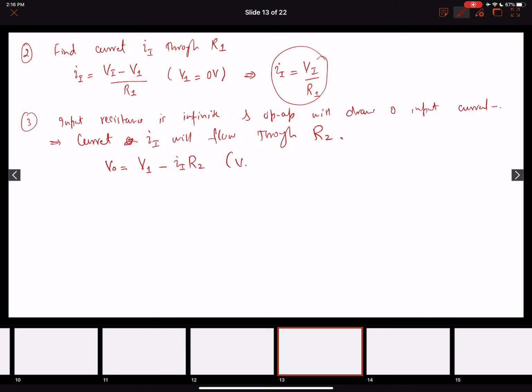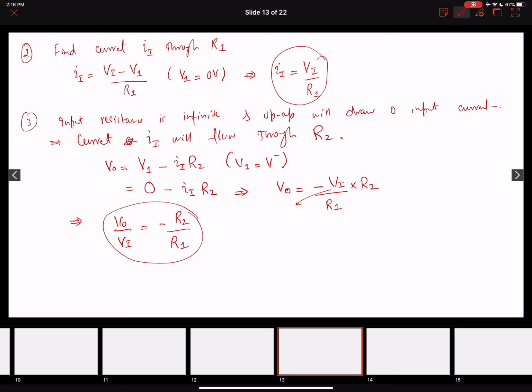Again, note that V1 equals V negative, I'm alternatively using both of them. So V1 is 0 minus II R2. This means V naught equals minus VI over R1 into R2. If you take VI over here, what you will get is V naught over VI equals minus R2 over R1.